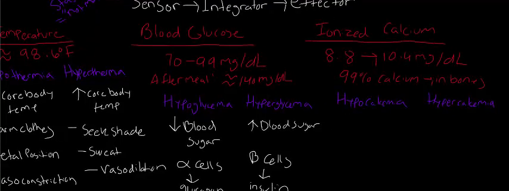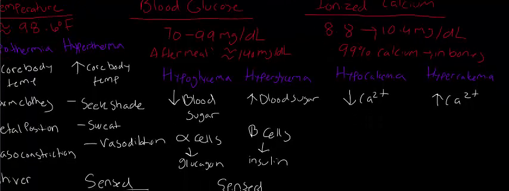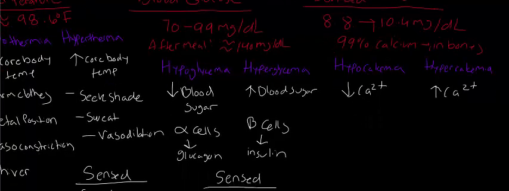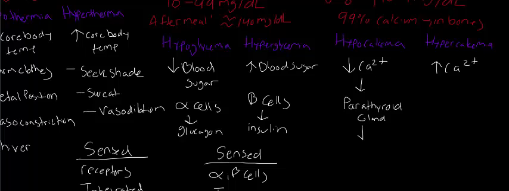In hypocalcemia, you've got a decrease in calcium levels. In hypercalcemia, you have an increase in calcium levels. So what happens when you have low calcium levels? Well, you stimulate a gland known as the parathyroid gland. And its job is to secrete its own hormone, known as parathyroid hormone.